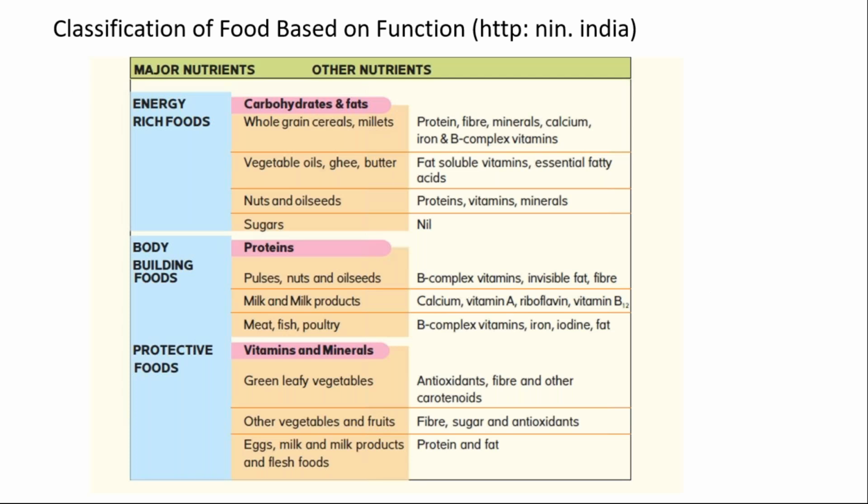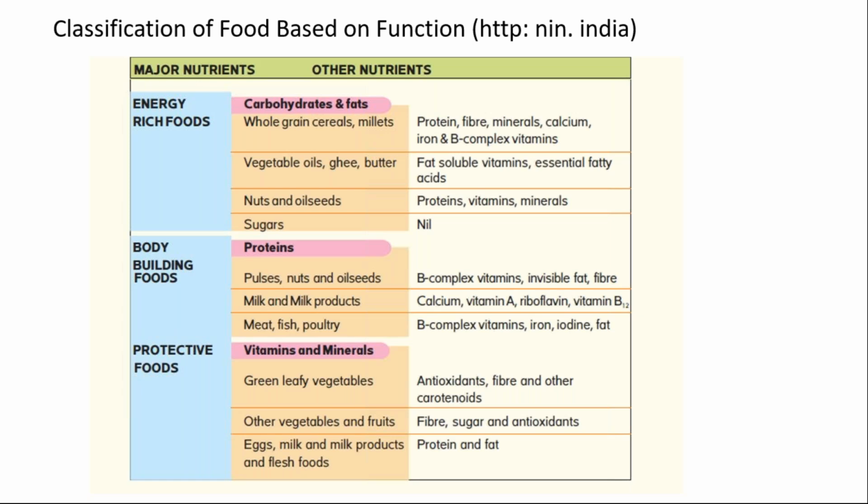If you look at the Indian Recommended Dietary Allowances, the book published by the National Institute of Nutrition, the National Institute of Nutrition classifies the foods based on function. So here are the foods which are energy rich: whole grain cereals, vegetable oils, ghee, nuts and oil seeds, and sugar.